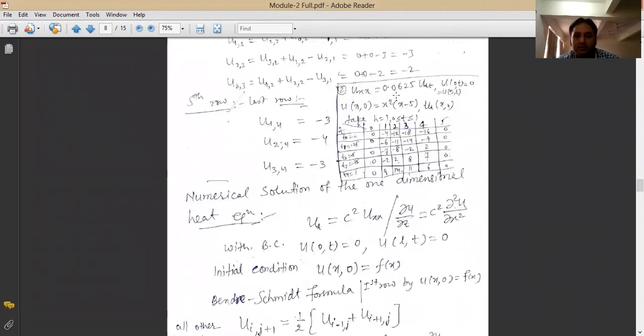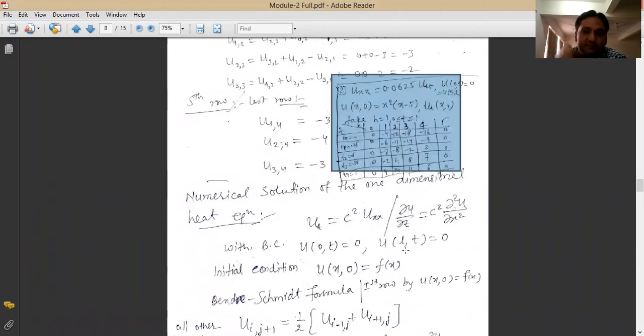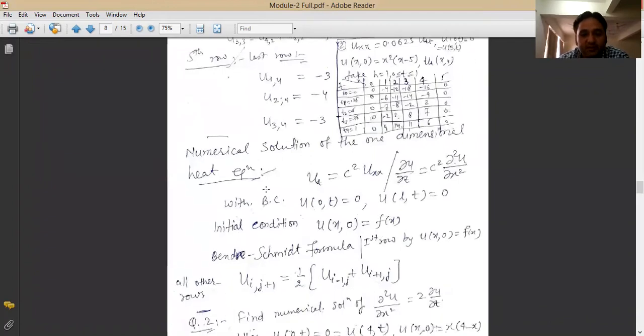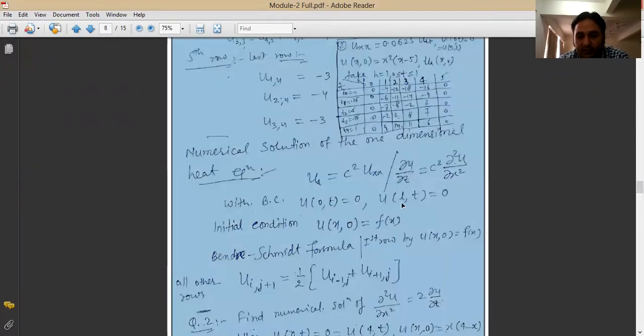Right. Now next problem also you can consider here only, the condition is different, so the values will be different. Now to find out the solution of the one-dimensional heat equation, the equation is dou u by dou t equal to c square into dou square u by dou x square. Now here the boundary condition will be given to you at the initial point and the final point, right?